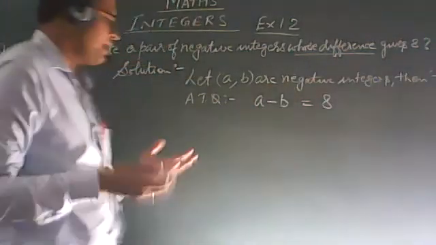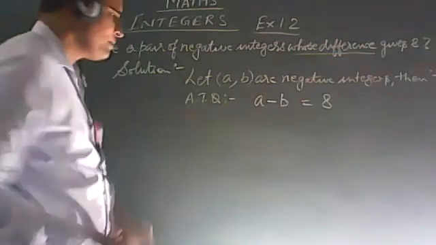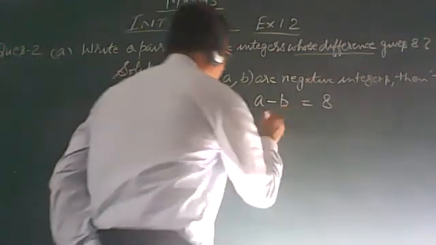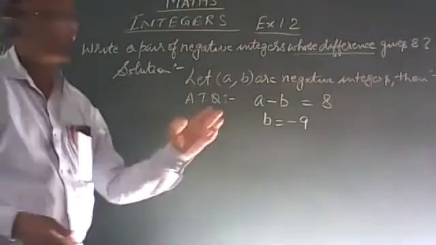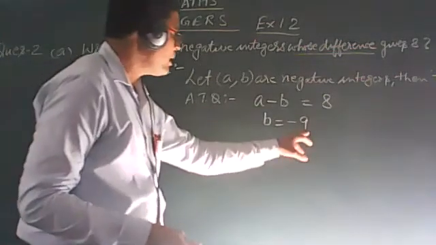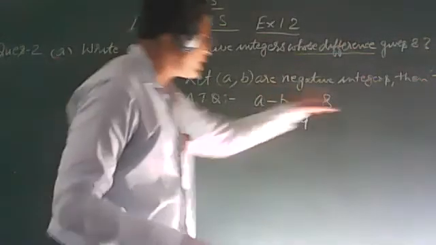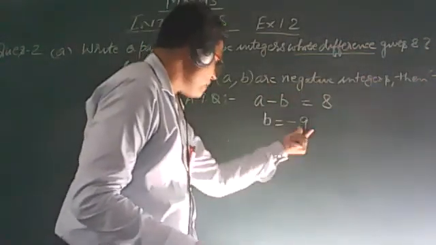Now let's suppose B equals minus 9. I will take a negative integer, because it is given that both are negative integers.